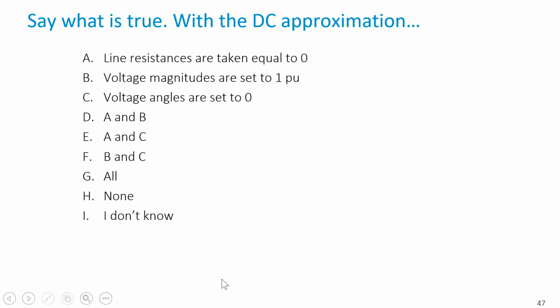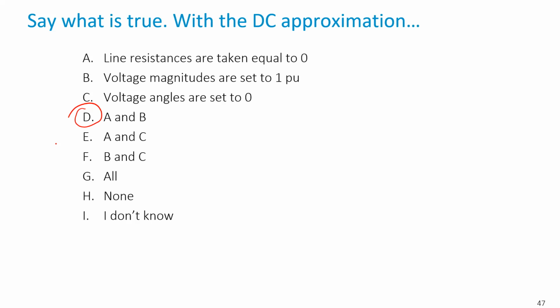I'll close the poll in a few seconds. And the majority says D, which is, of course, correct. Line resistances are taken to 0 and voltage magnitudes are set to 1. Of course, if you set also voltage angles to 0, then you don't get anything.